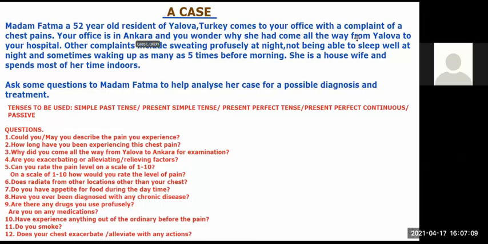I think basically everyone has tried to say something. That's good. At the end, can you please explain question 10? Oh, sorry. Have you experienced anything out of the ordinary before the pain? Basically in the past, before you started feeling like that, did anything happen to you? Did you have an accident? Did you hit the floor?